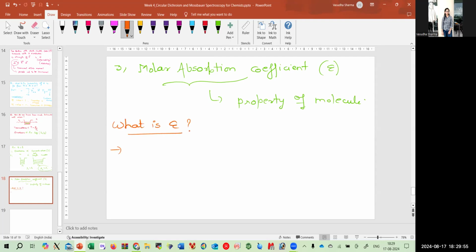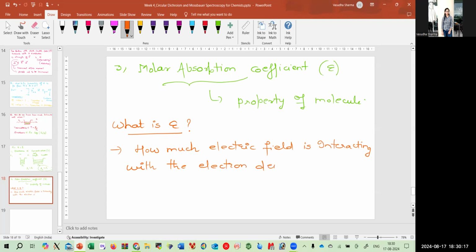This actually gives an idea of how much electric field is interacting with the electron density redistribution, which we were talking about.